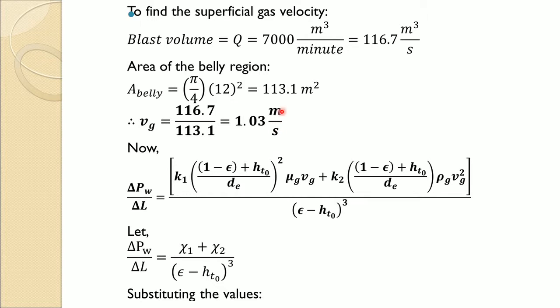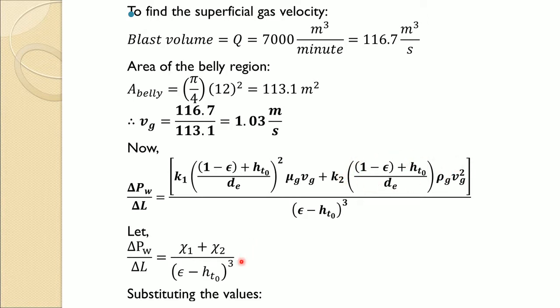So, now we come back to the pressure drop equation in liquid flow condition. K1 is already given to us, K2 is given to us, rho g we have calculated, mu g we have calculated, V g we have calculated. What we need now is to calculate all these; all other things are given to us.